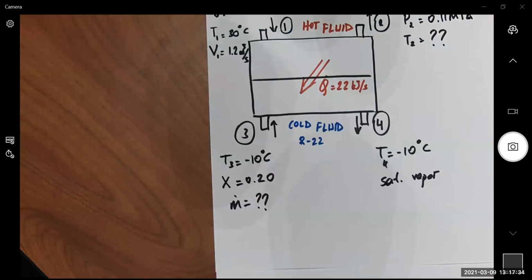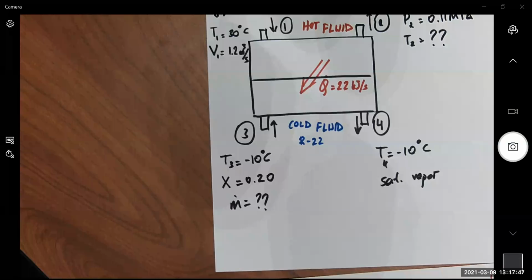Okay, in this case, where is my boundary condition? Where's my boundary? Both sides?